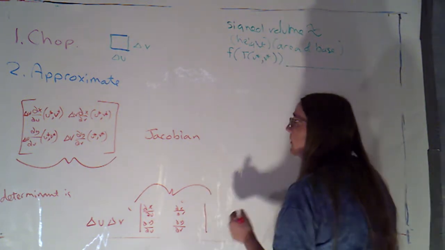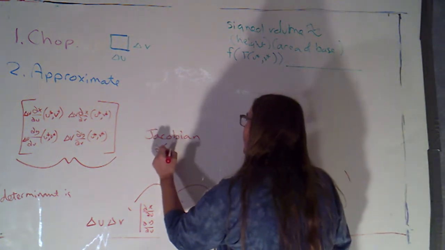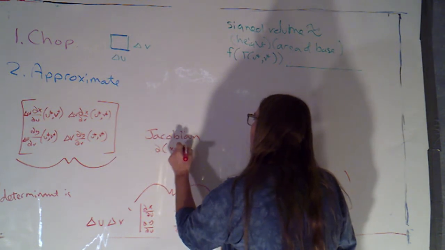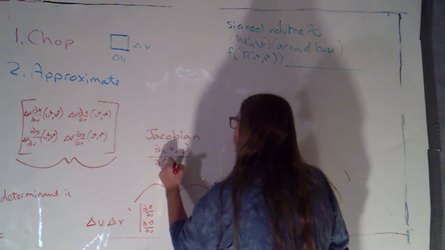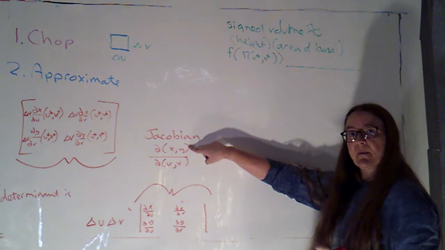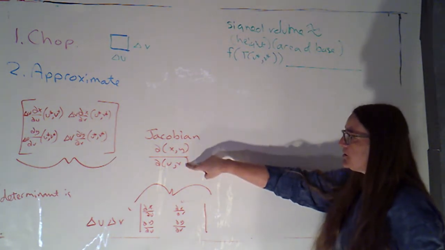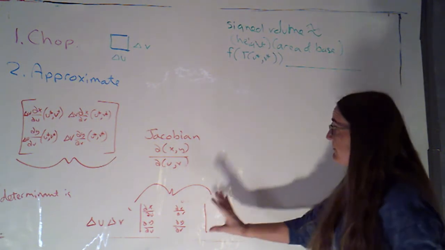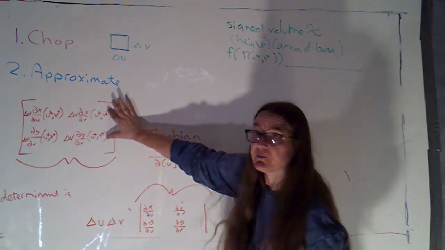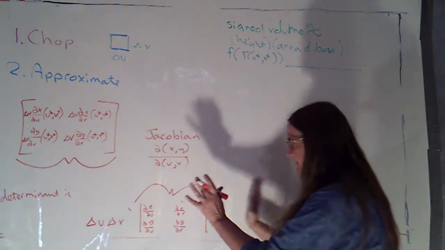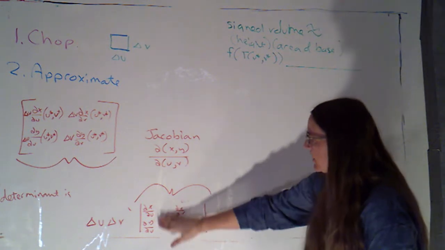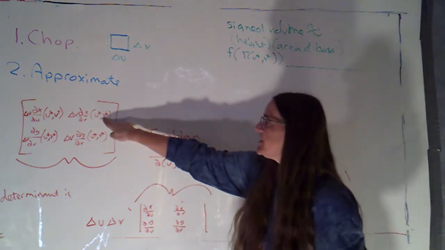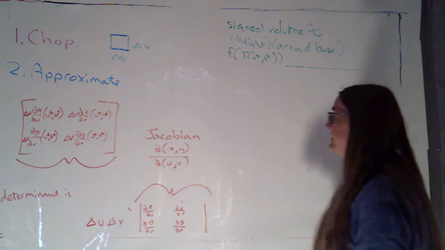So I can call that the Jacobian. I can write that as del xy by del uv. Notice x and y were my two output variables, u and v were my two input variables. Of course, I'm going to be evaluating this at a particular point. I've omitted that just because it gets crowded. I want to remember that all of these functions are going to be evaluated at my representative point.